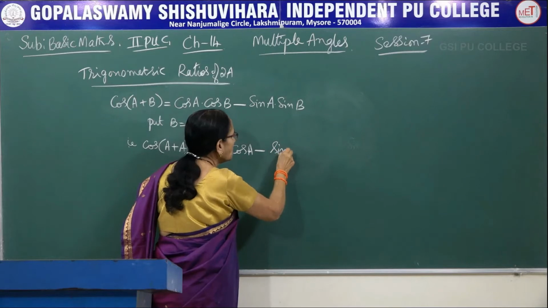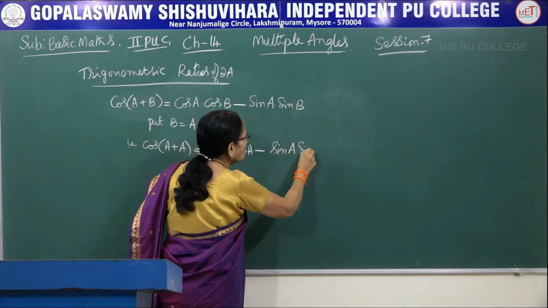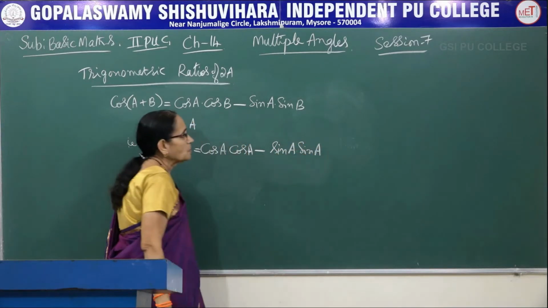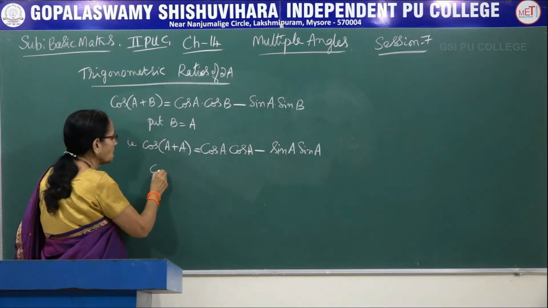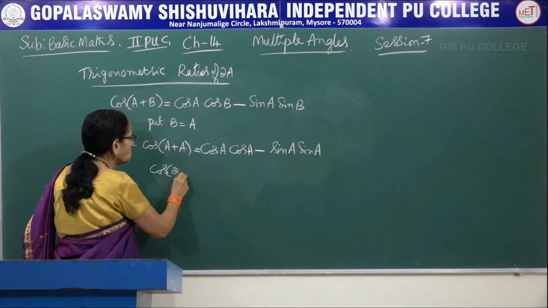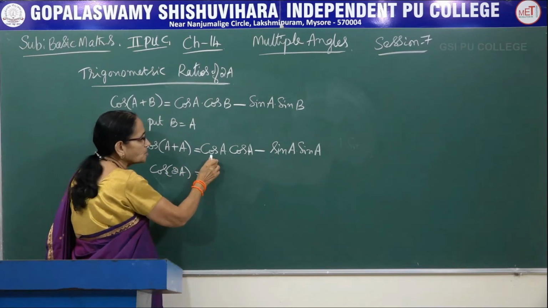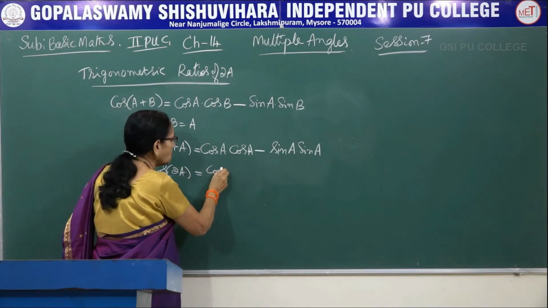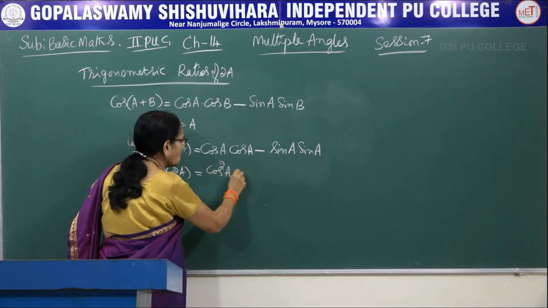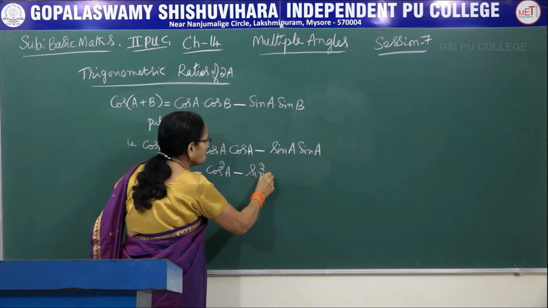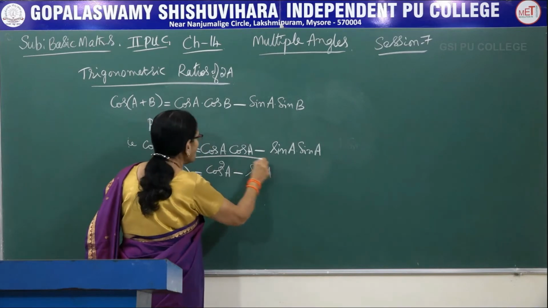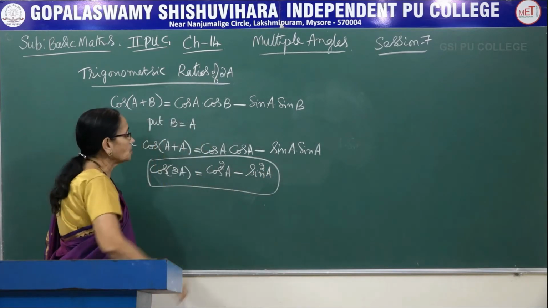Similarly, sin a remains as it is and this also becomes sin a, because in the place of b I am writing a. Now a plus a, that would be equal to 2a. Now cos a into cos a, the term is repeated, therefore it is cos square a. Sin a into sin a, that would be sin square a. Now this is the formula.